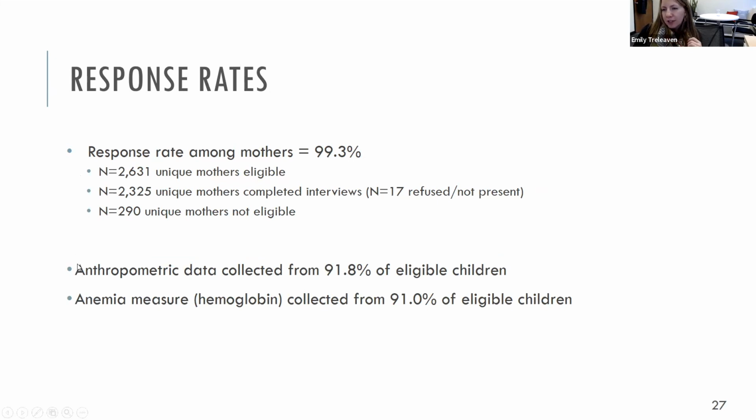We had a slightly lower response rate among children for the anthropometric and anemia data. Just over 91% participated in those. These were primarily children that essentially wouldn't cooperate with the data collection rather than those that refused outright.